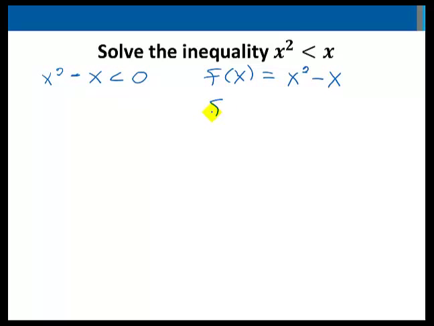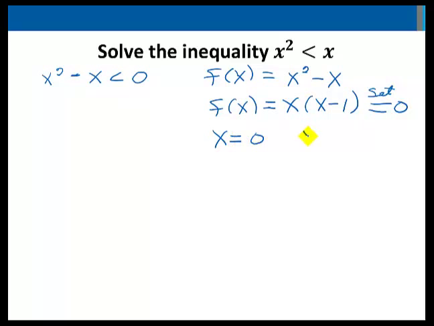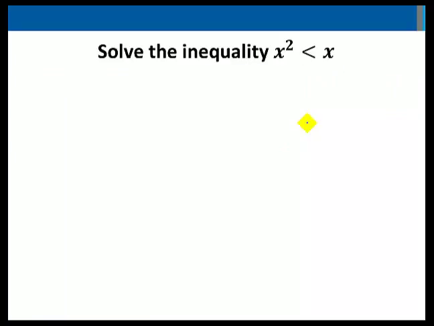And I will factor f of x into x times x minus 1, set f of x equal to 0 to get zeros of x equals 0 here and of x equals 1. Okay, so I have my zeros for the inequality. I will put those on a number line.